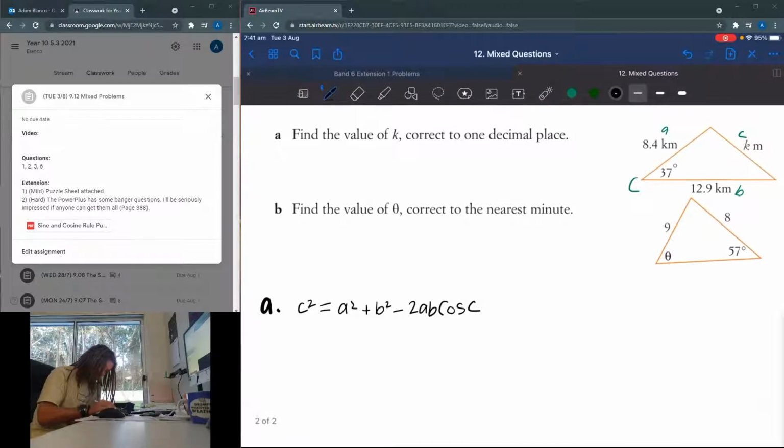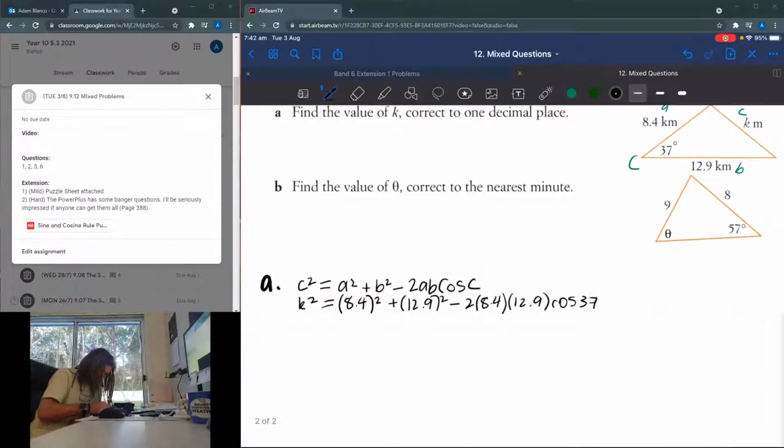Now, my information, so c squared is k squared, a squared is 8.4 squared, and so on. That's around about 82.63889.